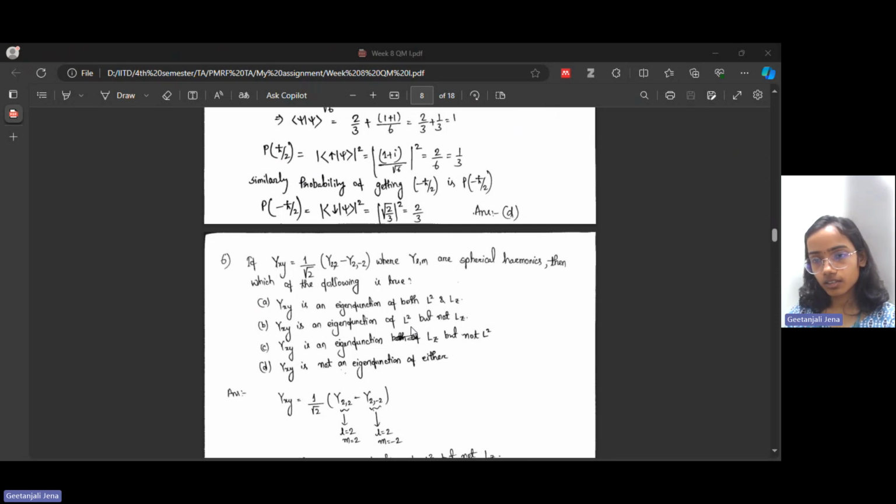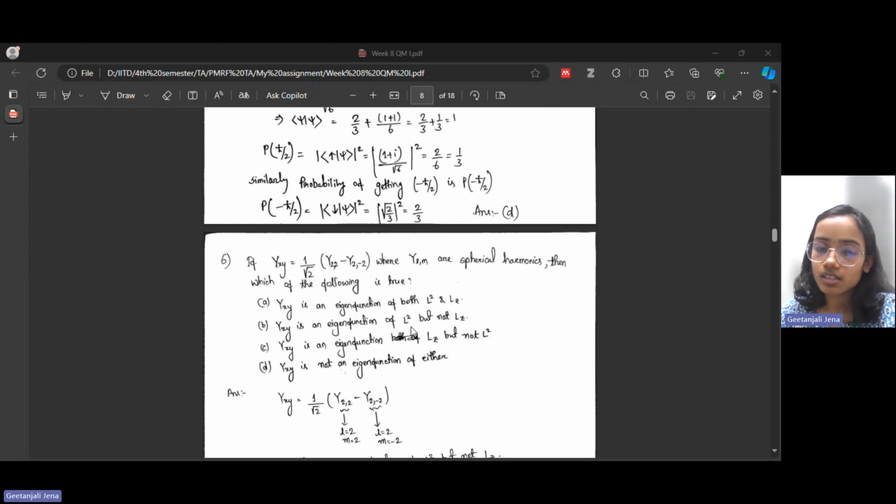Now in the second, Y2 minus 2, L is equal to 2 but M equal to minus 2. If you compare these two terms, the L value is the same in both terms, but the M value is different. L is the eigenvalue for the L square operator and M is the eigenvalue for the Lz operator. And you see that M is different, but L is the same.